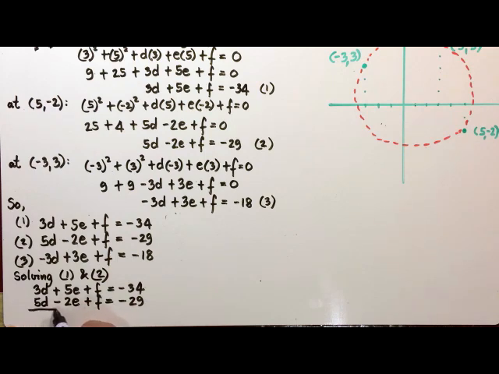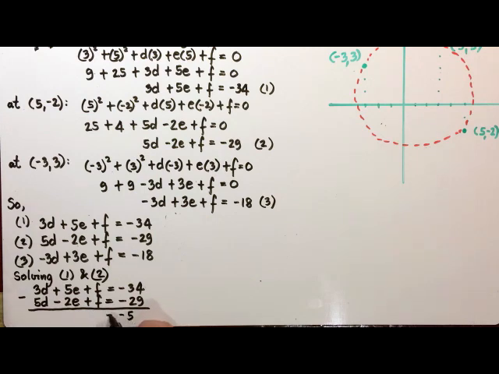If I subtract these, negative 34 minus the negative 29 is the same as negative 34 plus 29, and the result is negative 5.